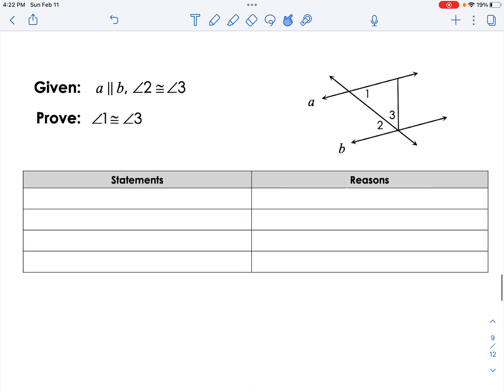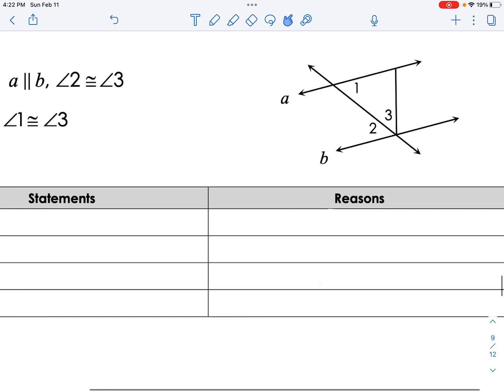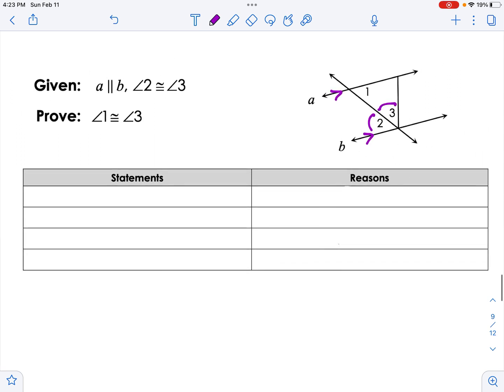Okay, here's another picture. This time we are told that A is parallel to B. So I'm going to just write that. A is parallel to B. 2 and 3 are congruent. Okay. We are trying to prove that angle 1 and angle 3 are congruent.